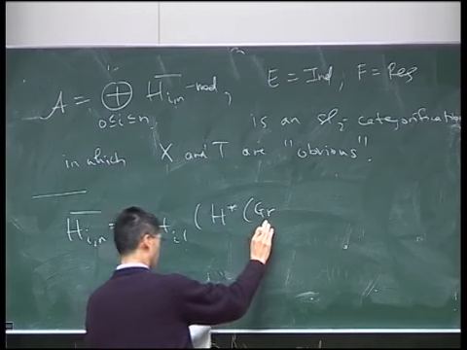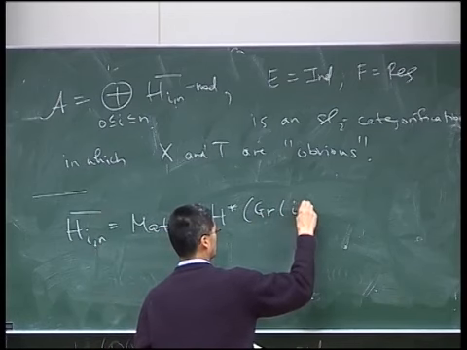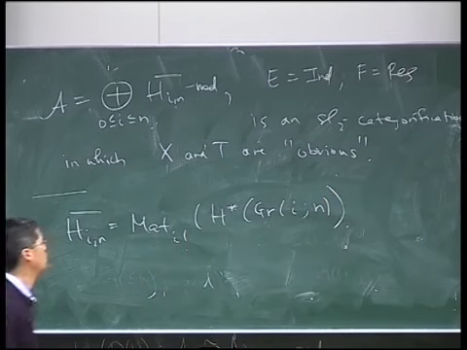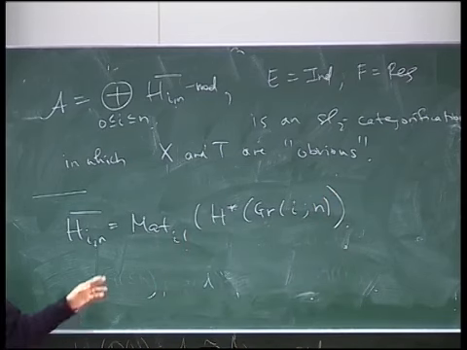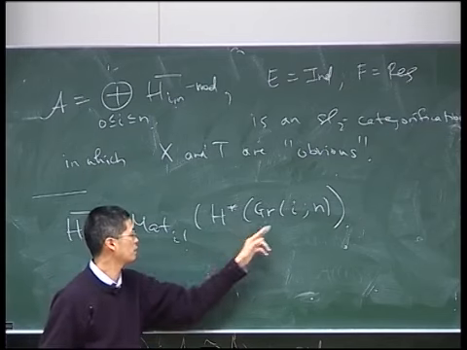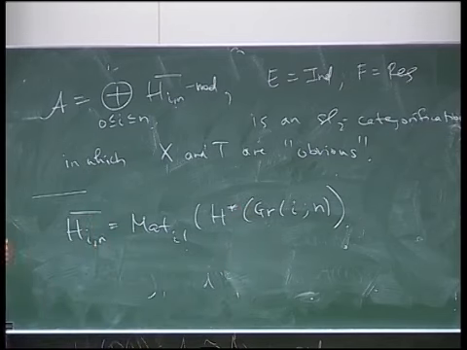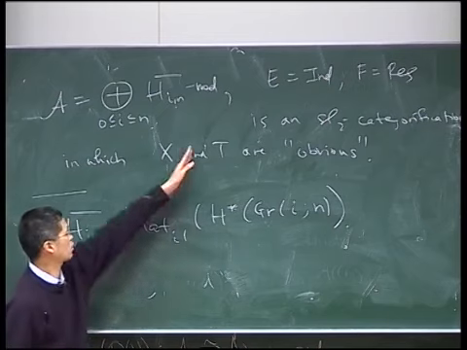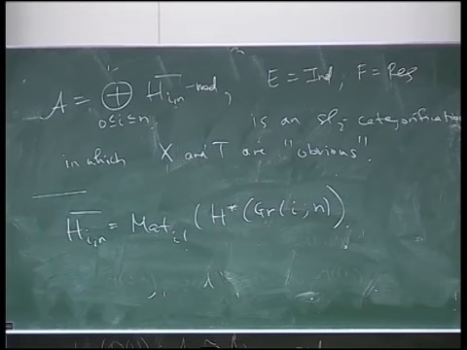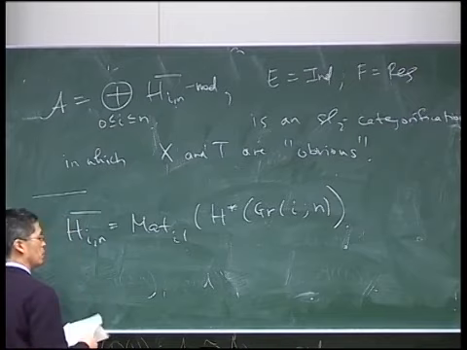So we take the Grassmannian of i-dimensional subspaces of an n-dimensional space. We could just as well replace the module category for these algebras by the module categories over these cohomology rings, and one can then construct this categorification in a geometric way using correspondences. But I won't say much more about that.